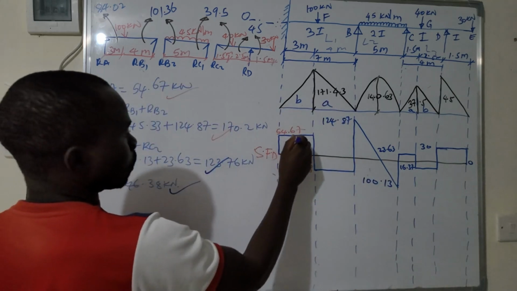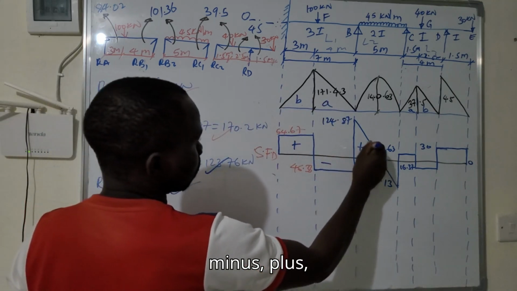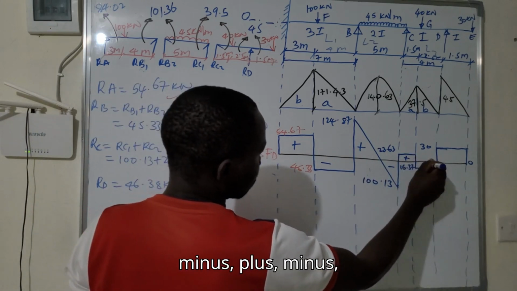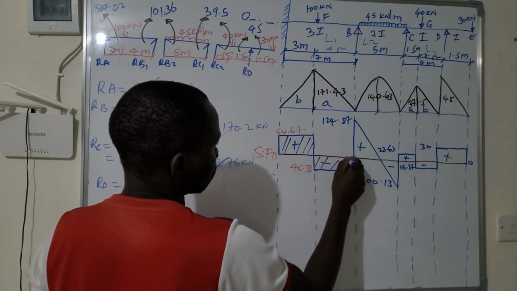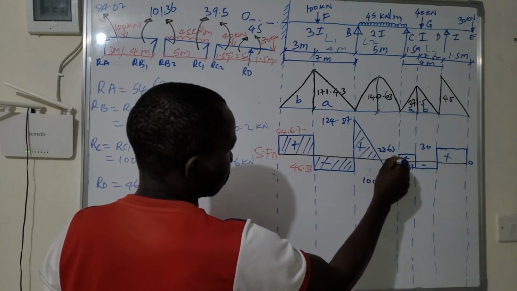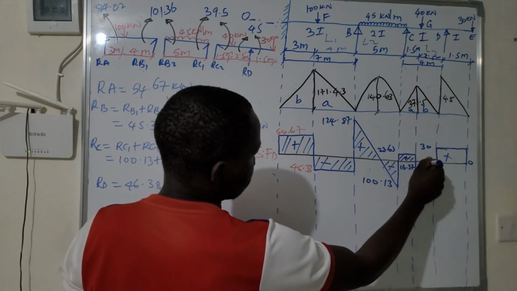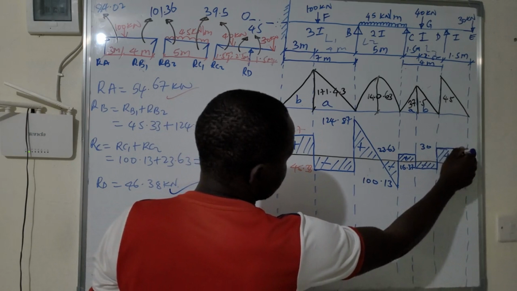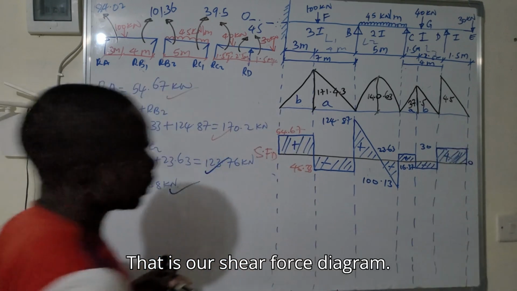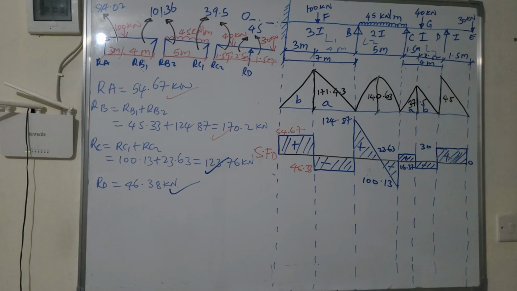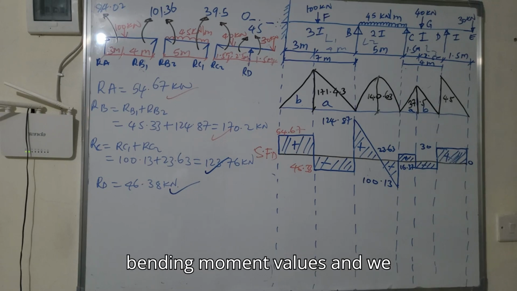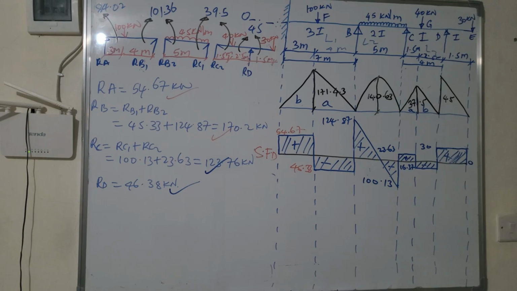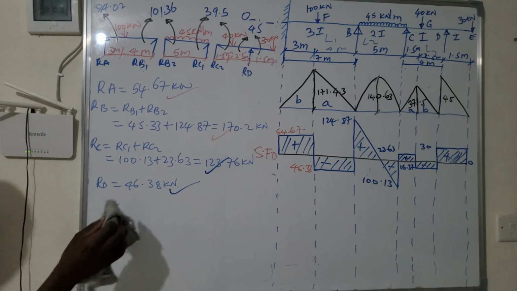So this is plus, minus, plus, minus, plus, minus, plus. So that is our shear force diagram. After doing so, we'll proceed and calculate our bending moment values, and we draw our bending moment diagram.